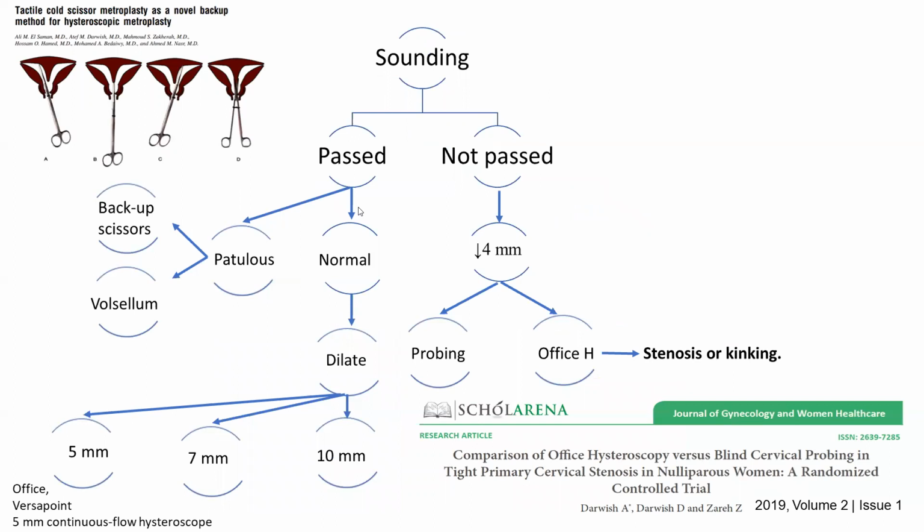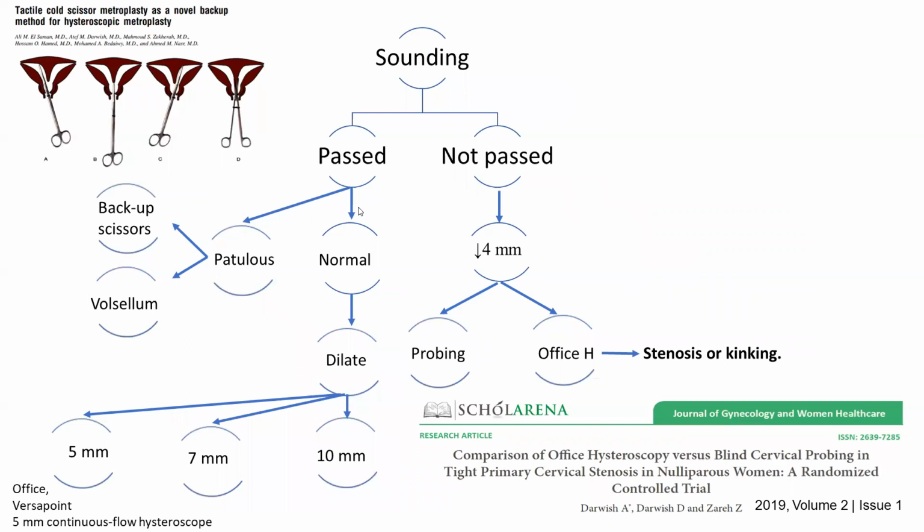After that, you have to do sounding of the uterus. If it is possible to introduce the sound, this means that the cervix is 4 millimeter or more. So if it passed, this is good, and this is considered normal. But if it passes too easily, this is suspected to be a patulous cervix.